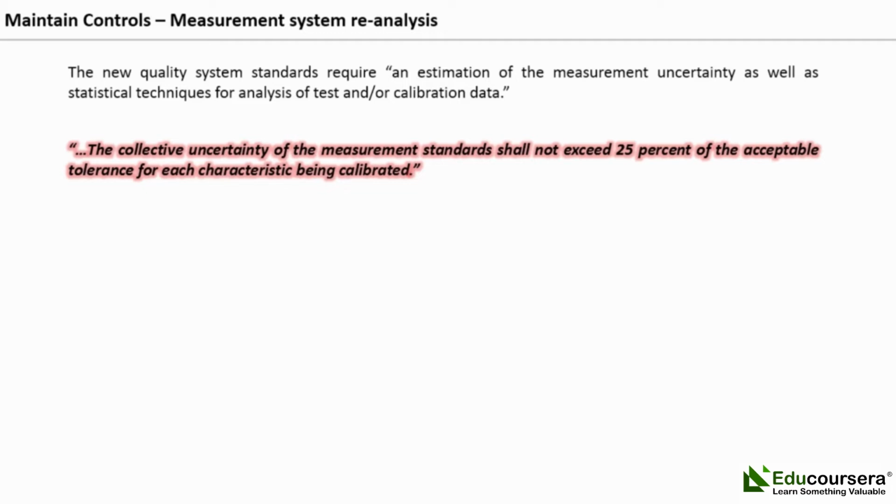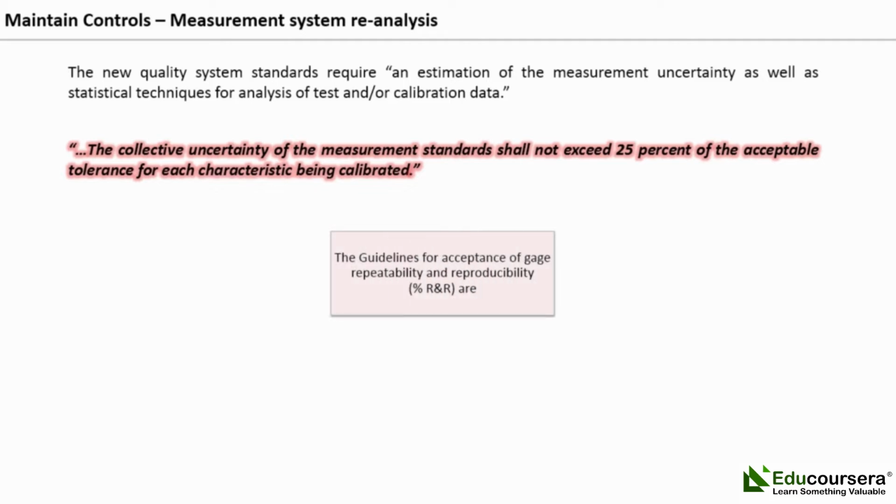The analytical methods and acceptance criteria used should conform to those in the Measurement Systems Analysis Reference Manual, for example bias, linearity, stability, repeatability, and reproducibility studies.